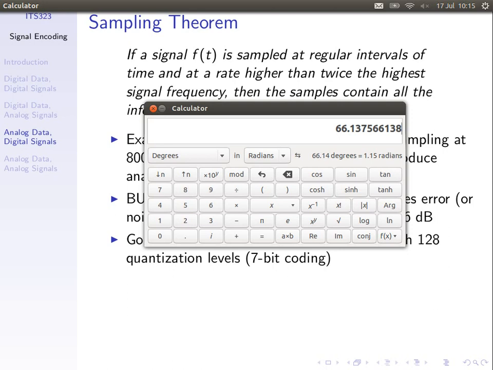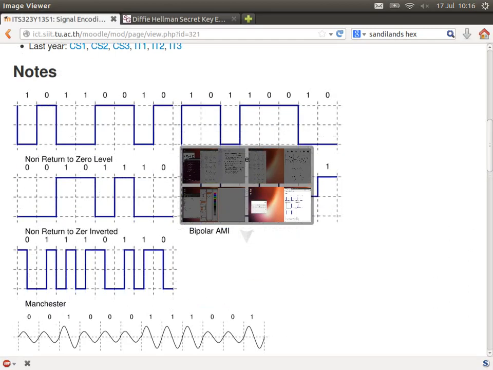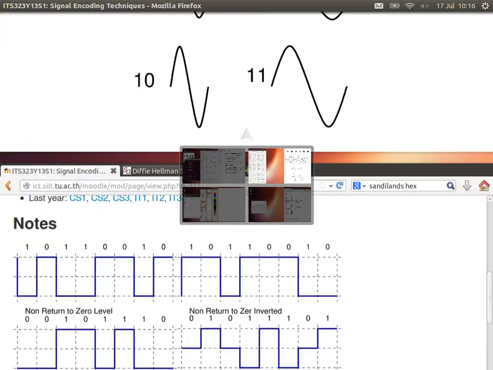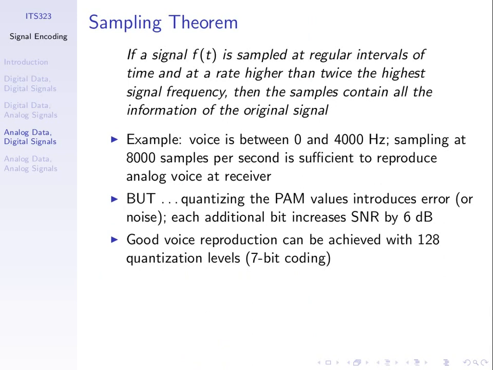So audio CDs use pulse code modulation to store that data. And it's stored in stereo. I'll just write down what we did. So we have our 44,100 samples per second.